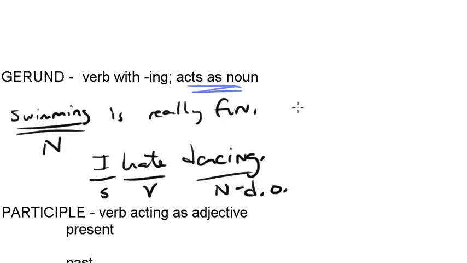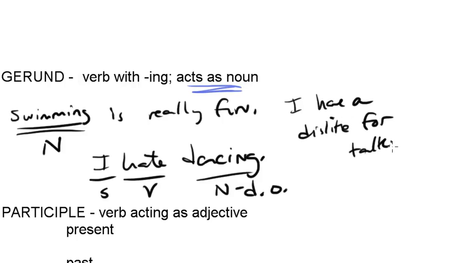We could say, let's see, I have a dislike for talking. So here, we've got a few things going on, right? Our subject is I, we've got our verb, have.